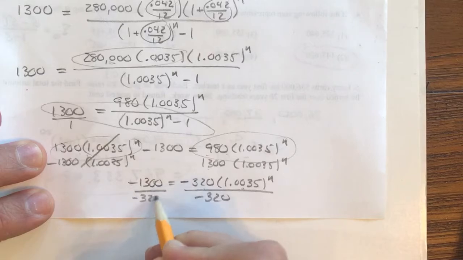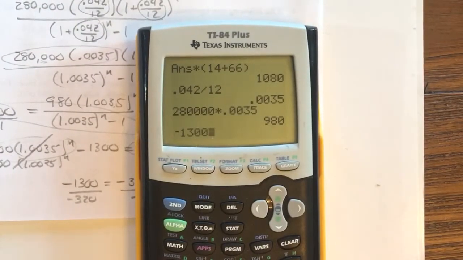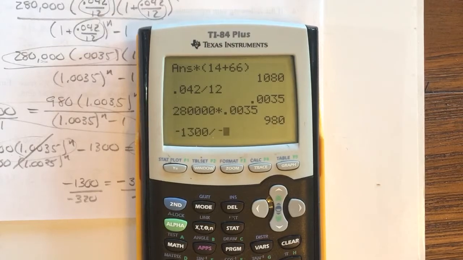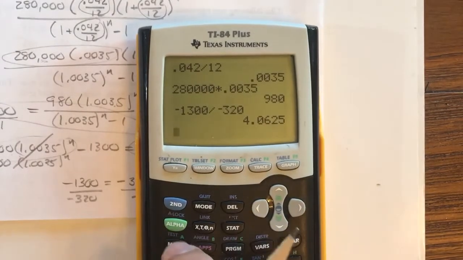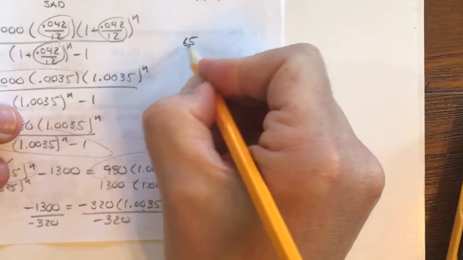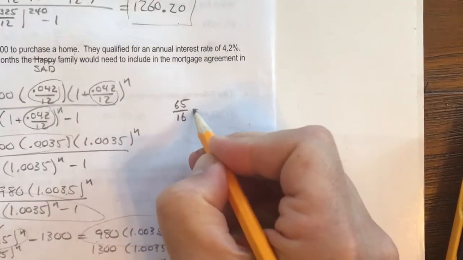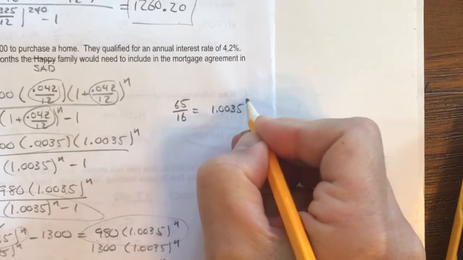I've been hopeful this will come out nice. Let's see. Yeah, that's maybe a fraction. 65/16. So I got 65/16 is equal to 1.0035 raised to the n.